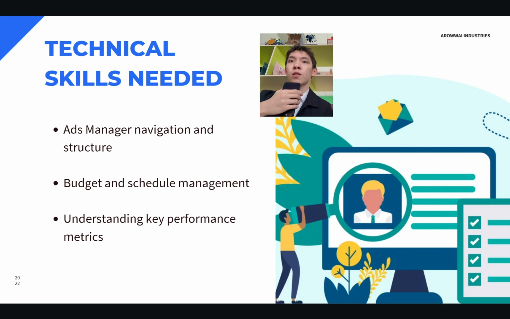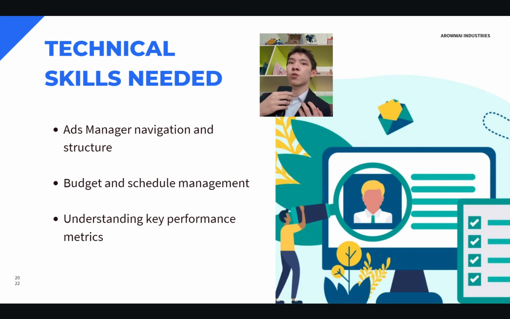To work with target advertising, a specialist definitely needs solid technical skills. First, they must understand how Ads Manager is structured, and this includes knowing the difference between campaigns, ad sets, and ads, and how they interact with each other. Secondly, budget and schedule management is essential. Specialists need to know how much money is spent, where it is spent, and over what period of time.